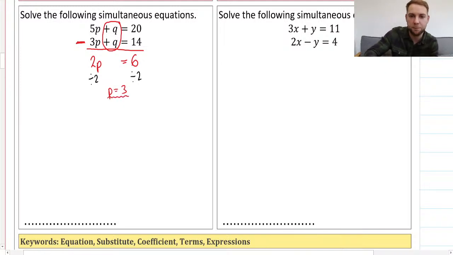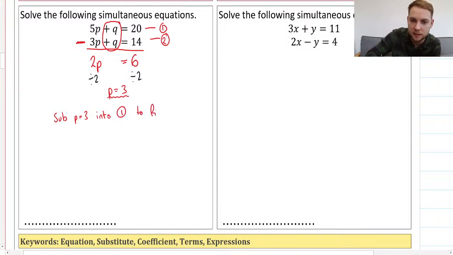Now I've not finished there. I probably should have labelled these 1 and 2, because I still need to work out what Q is. So I'm going to sub P equals 3 into equation 1 to find Q. So equation 1 is this, 5p plus Q is equal to 20.